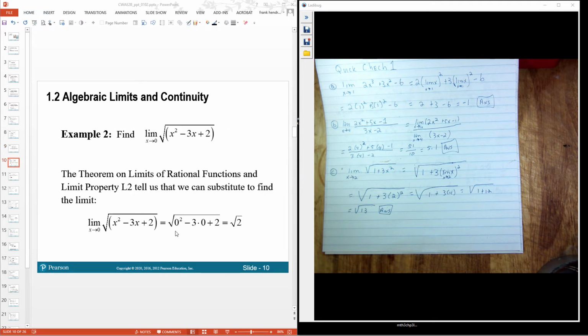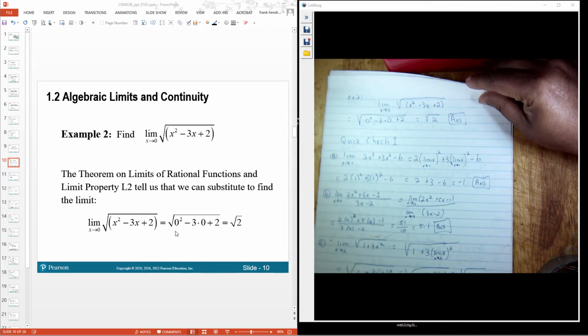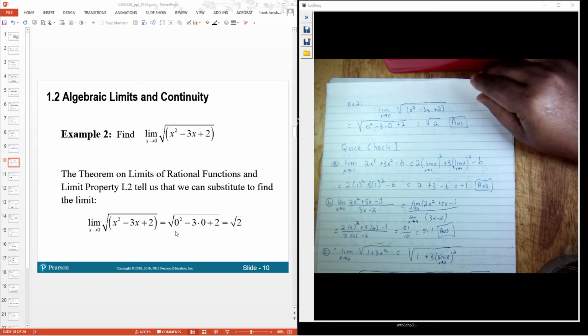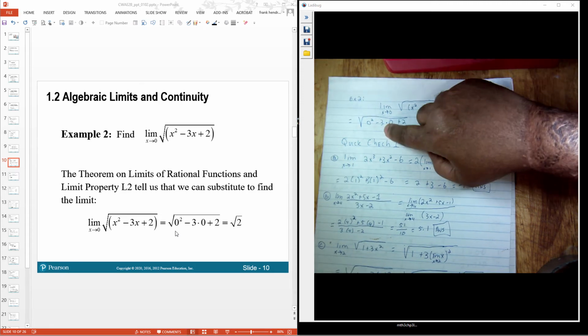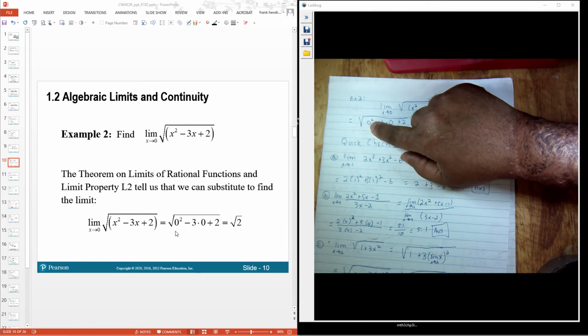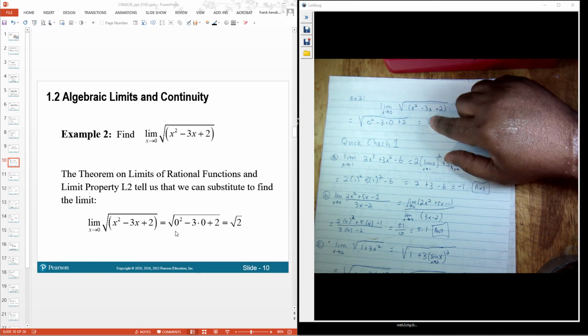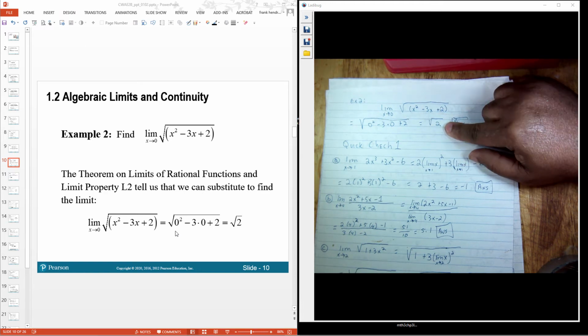So here's another one here. Using that rule, the limit is f of a. So I put in that a is 0 and substitute. I get 2 here for my answer.